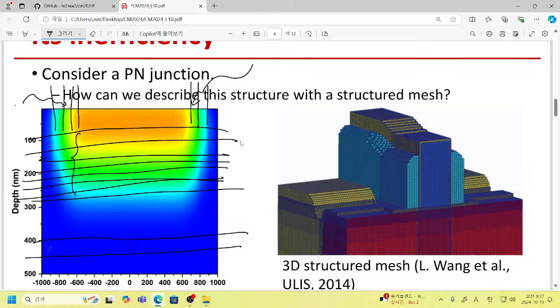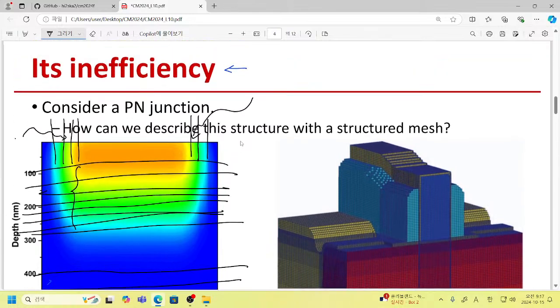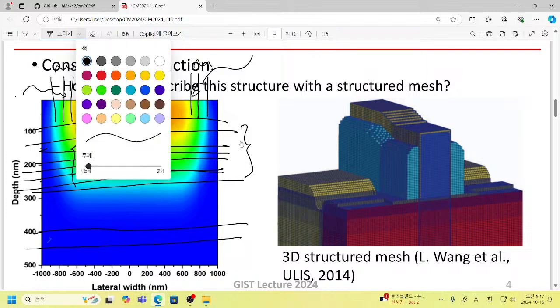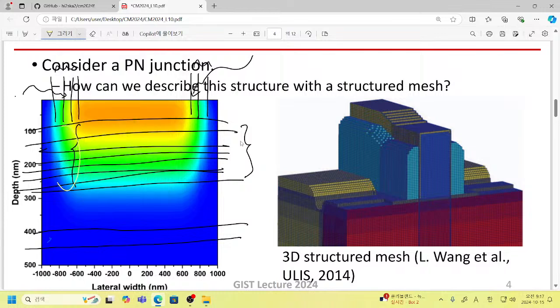Good. By introducing this x directional or y directional densely populated region, now you can get quite a good resolution of your physical quantities, but that is related to inefficiency. So think about this one. This is densely populated and this is densely populated. Then what will happen? The part corresponding to, for example, this part will be well described.